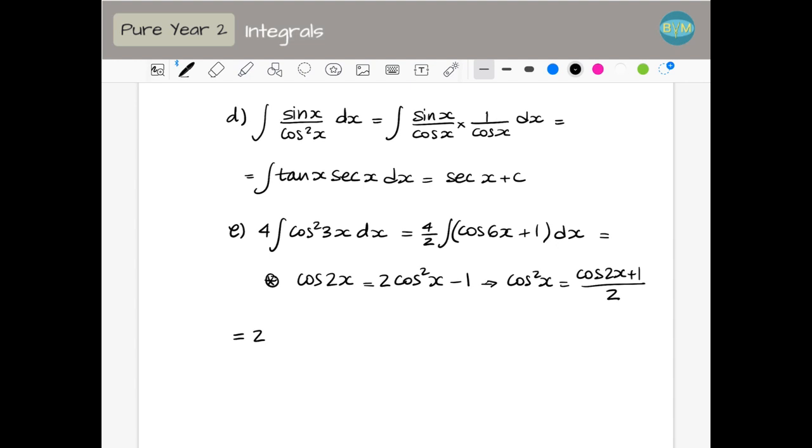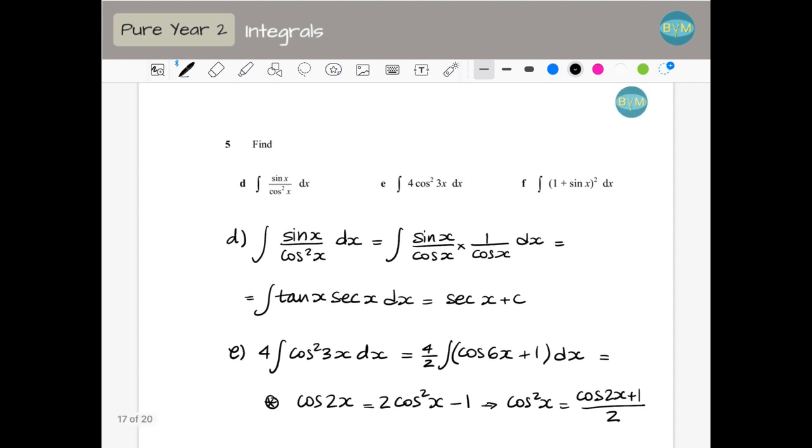The integral of cos 6x is sine 6x. But when I derivate sine 6x, I have the 6, so I have to divide by 6 to not have it, and then plus x plus c. You can multiply if you prefer the bracket, so it's 1/12 sine 6x plus 1/2 x plus c.